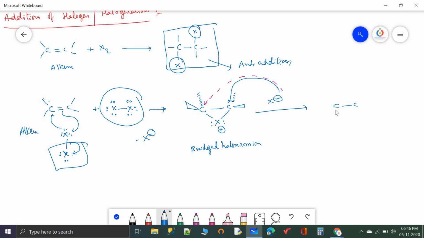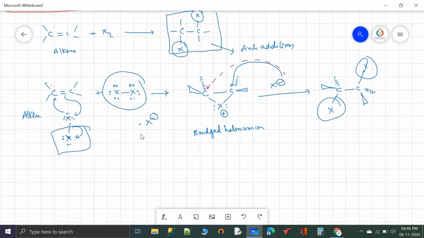If it attacks over here, then we get the molecule CX, and here we are getting the halogen. So you can see now both the halogen atoms are located on the opposite side. Why? Because they approached the double-bonded carbon atoms from the opposite direction. This halogen approached from this side and the other halogen approached from exactly the opposite side. So we get this type of product.